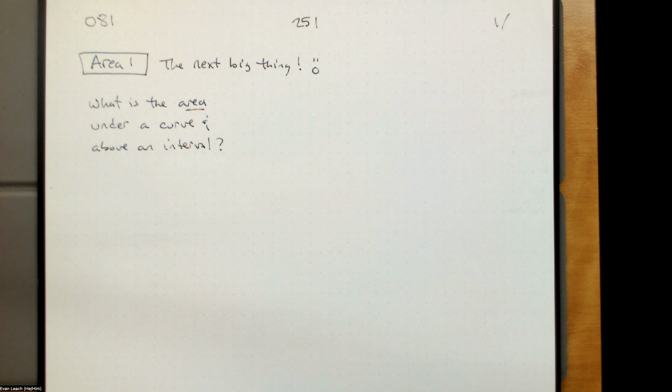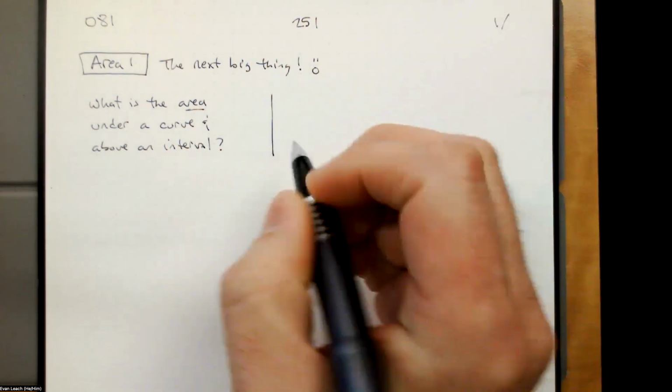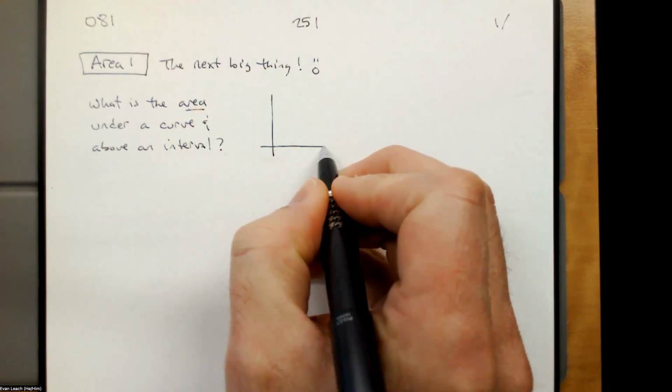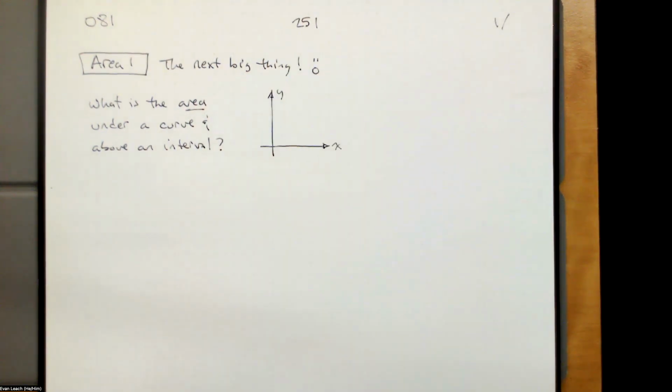So to draw a picture of this, we're talking about the area under a curve.